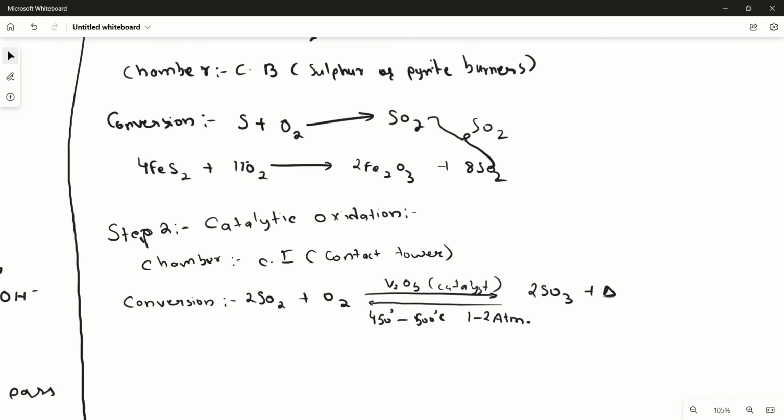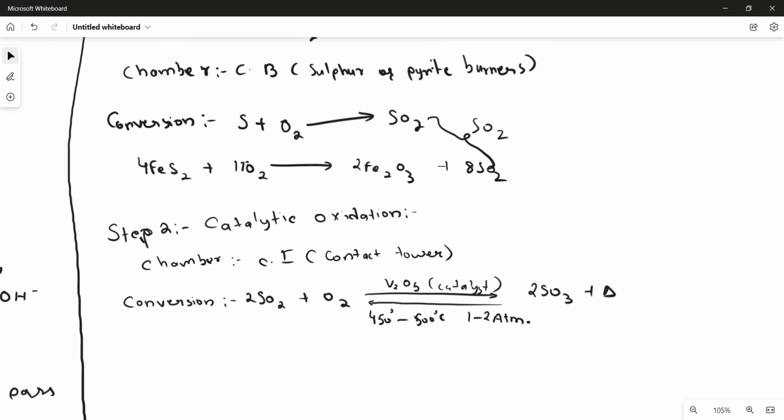Great. So there's three reactions in the main contact process. The first one produces sulfur dioxide in chamber B, the sulfur or pyrite burners. In that we have sulfur plus oxygen gives us sulfur dioxide, and then 4FeS2 plus 11O2 gives us 2Fe2O3 plus 8SO2.